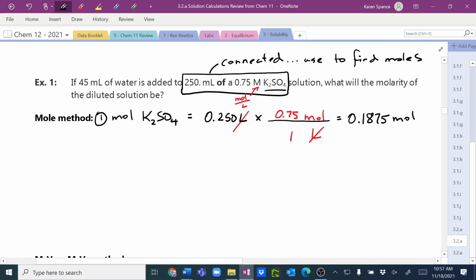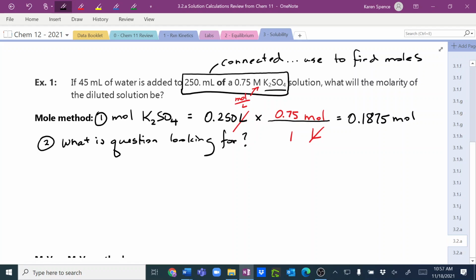In the mole method, once you have the number of moles, you say to yourself, what is the question looking for? Significant figures will matter, but I won't bother with them until the very end, especially because it will prevent me from having any rounding errors.